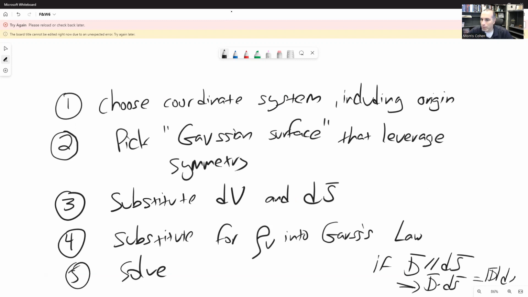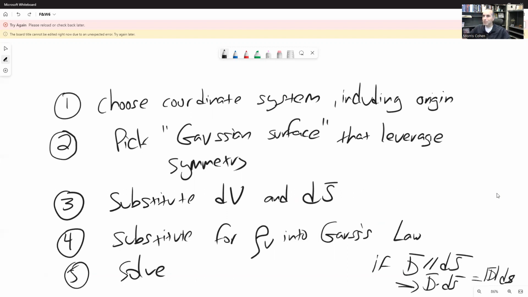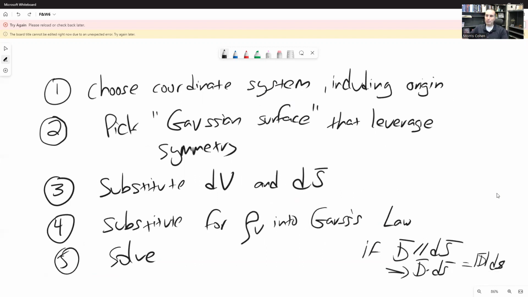So that's one way you can leverage symmetry. If you ensure that your electric flux density is always parallel to your surface vector, then you can take that complicated dot product and just reduce it to multiplying two numbers together. So that's one of the tricks that you'll find.